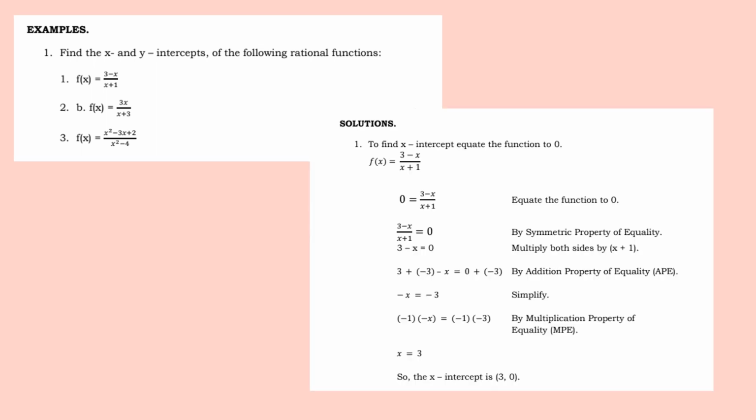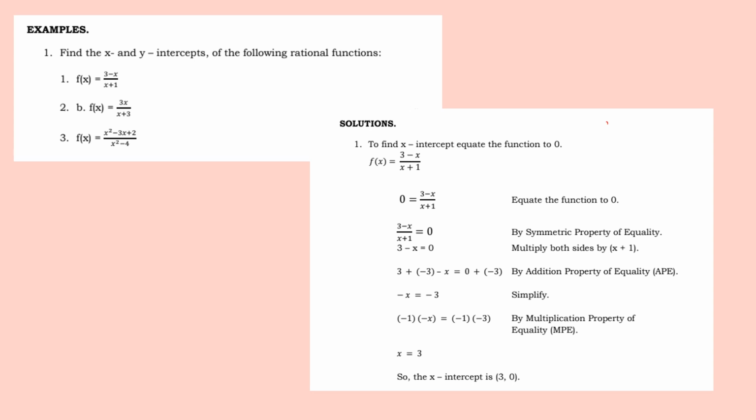So ang sabi dito, to find the x-intercept of the given rational function, we are going to equate the function to 0. So yung f of x, dahil ang hinahanap natin ay x-intercept, and remember po, ang f of x is also equal to y, and we let y be equal to 0, or we let the f of x be equal to 0.